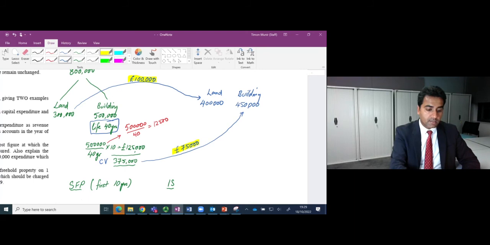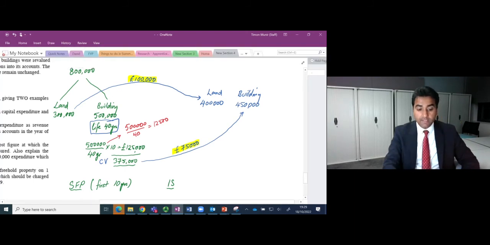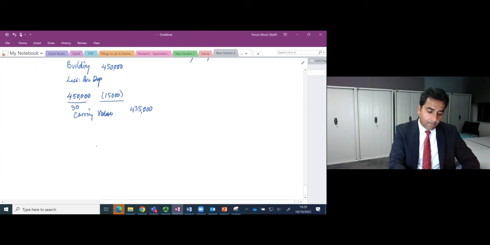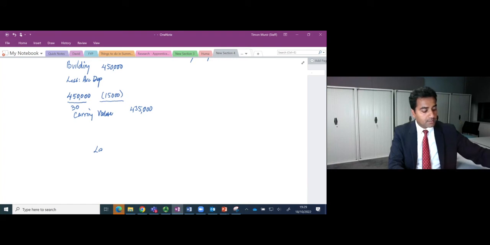The double entry for the revaluation of the land will be: the value of land will be debited by £100,000 and the revaluation of the land will be credited by £100,000.